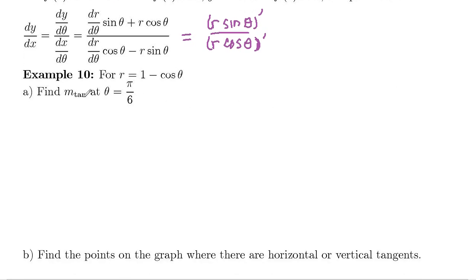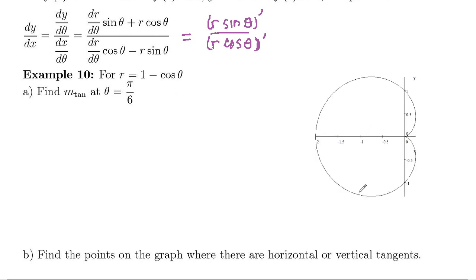In example 10, we've got r equals 1 minus cosine theta. That's a cardioid. We want to find the slope of the tangent at theta equals pi over 6. Let me graph it with technology and paste it in.